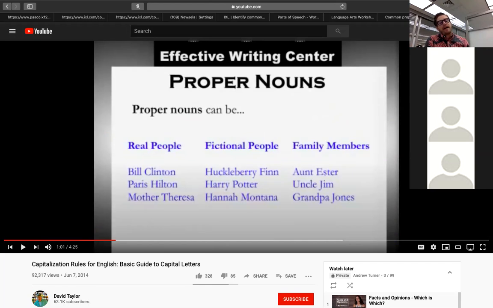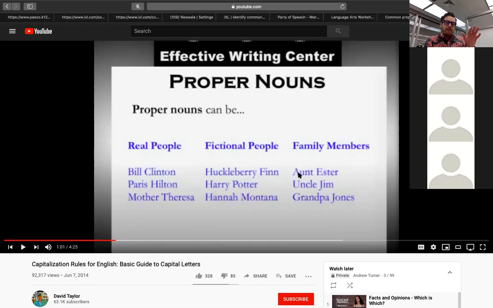I don't know who made that list, but I think that's pretty funny. You know, Bill Clinton, who's in trouble sometimes, and Paris Hilton, who's a winner, and then Mother Teresa, who actually is a saint. And then your fictional people: Huckleberry Finn, Harry Potter, and then Hannah Banana Fontana Banana Botana.